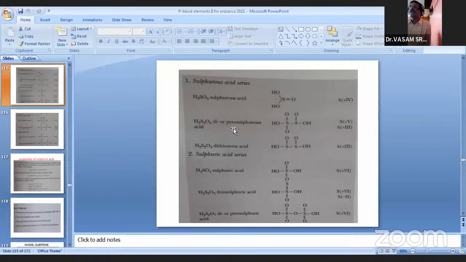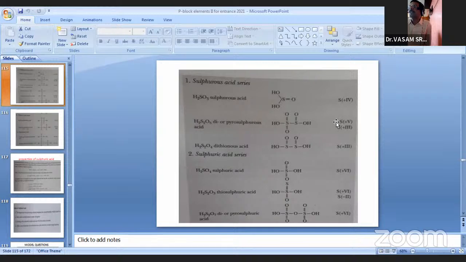And another one is pyrosulfurous acid. So this is the acid structure, and this acid contains one SS bond, 3 SO bonds, and 2 SOH bonds. And here the sulfur exhibits two types of oxidation state, +5 and +3.